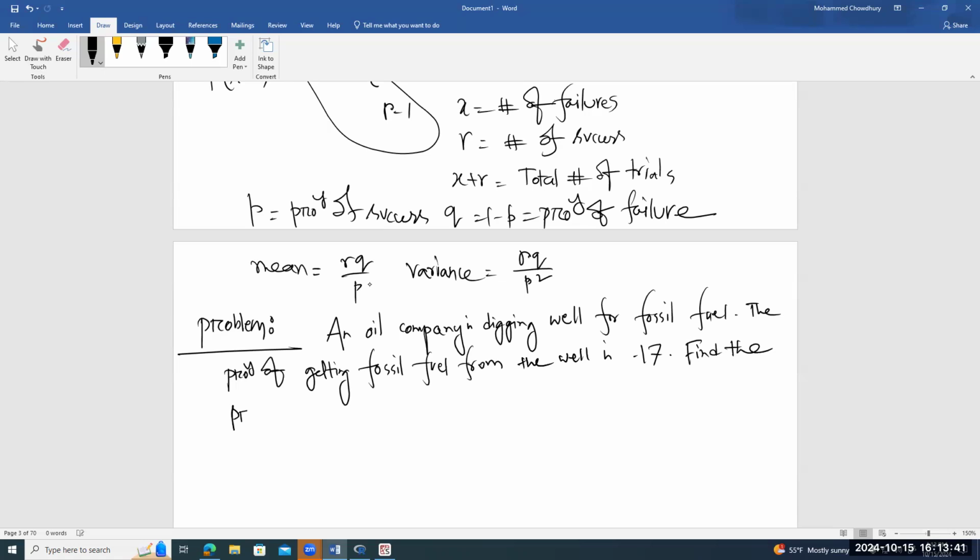Find the probability that the company will get oil from the fourth well when they dug 17th.